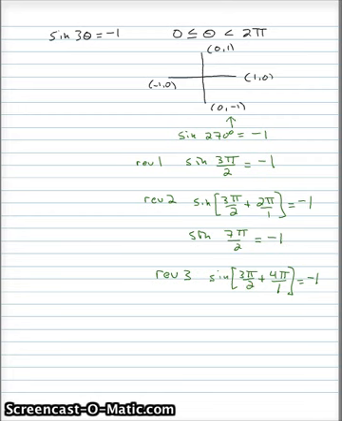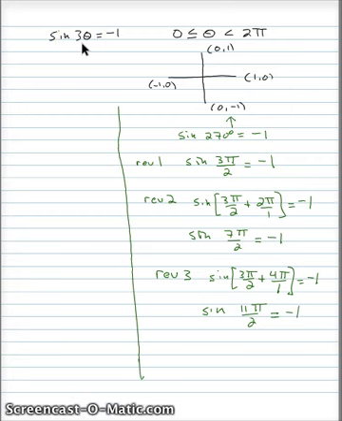So we get 11 pi over 2 as our answer in the third revolution. So sine of 11 pi over 2 is also equal to negative 1. That's our third revolution, and we have the number of revolutions matching the multiplier.